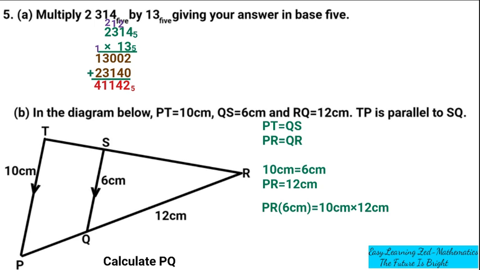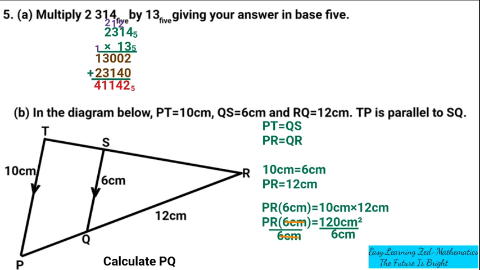which should give us PR multiplied by 6 centimeter is equal to 120 centimeter squared. Then we'll divide both sides by 6 centimeter. The centimeter down and the centimeter on top will cancel out each other, leaving us with PR.